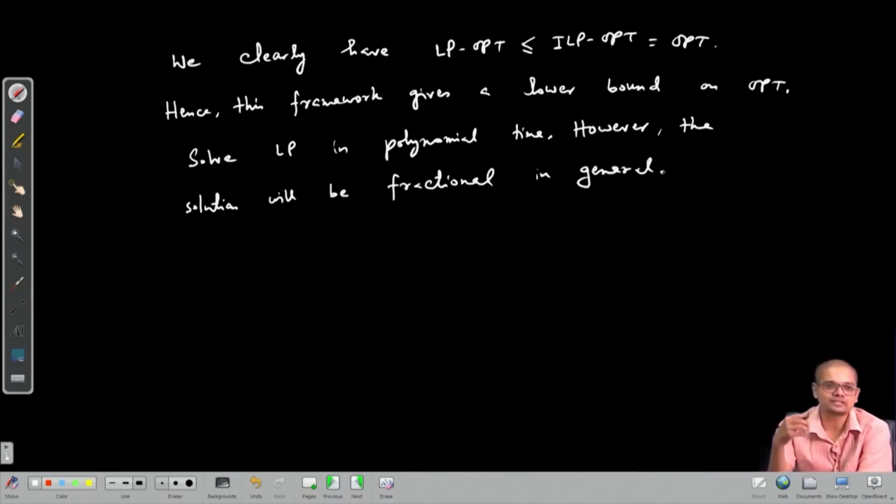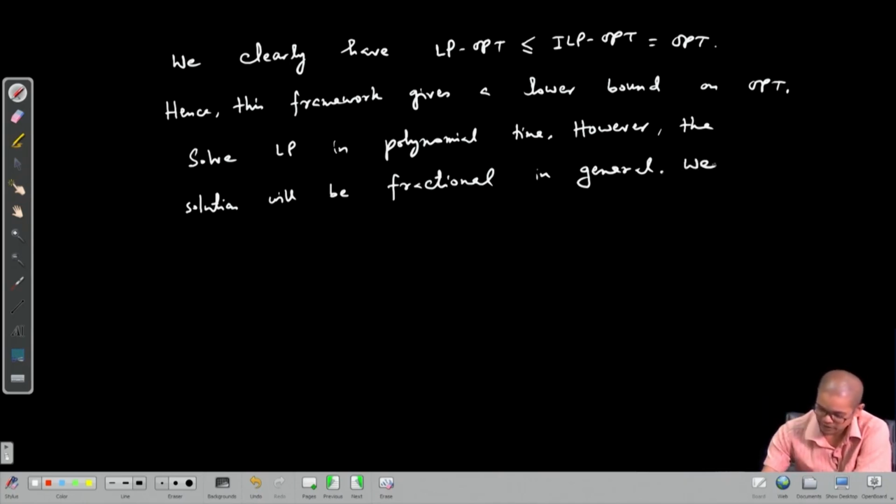So then what we do is apply what is called a rounding technique. From this fractional solution, we create a solution of the ILP, which will automatically give us a solution of the optimization problem, but which may not be the optimal solution.